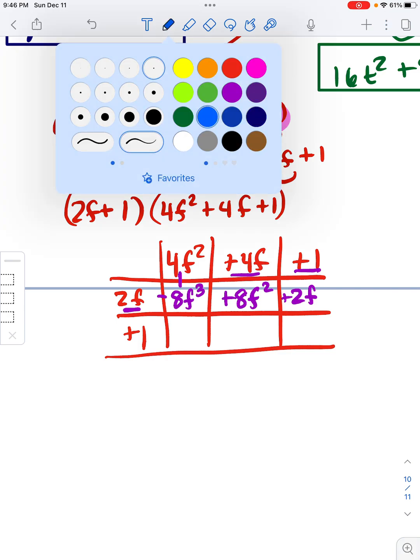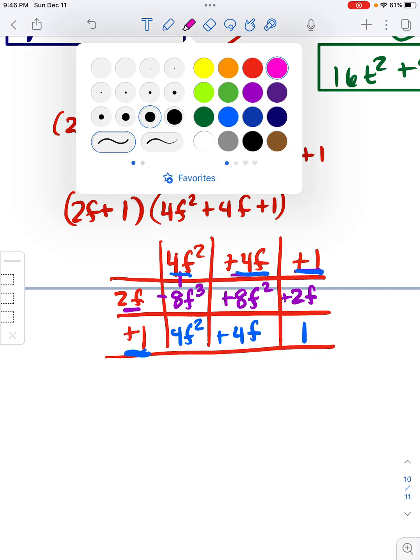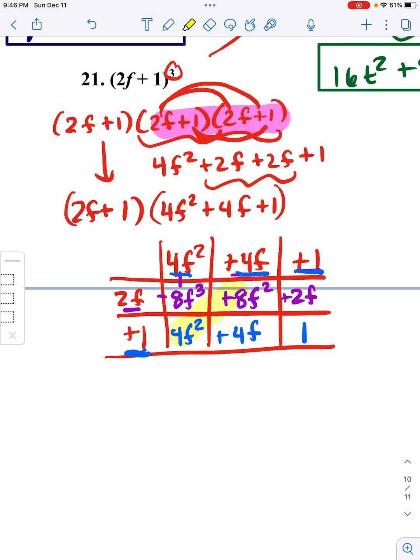In my second row, I have 1 times 4f squared, then 1 times 4f, and then 1 times 1. And again, I feel pretty good because these are the same and these are the same in terms of powers of f. So I always start up in the top left, 8f to the third.